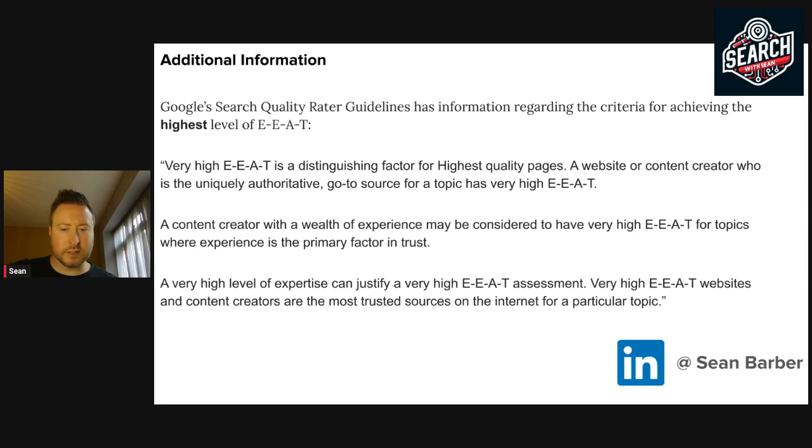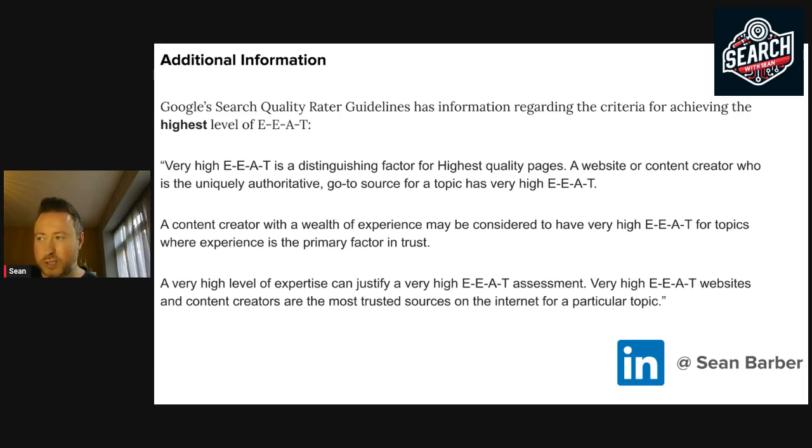So next, just finishing off here is really from the guidelines. Again, I'll put a link to them all, and they talk through all the different levels of EAT, but I've just picked out the highest and the lowest, so you've got some idea around this. It has information regarding criteria for achieving the highest level of EEAT. Very high EEAT is a distinguishing factor for highest quality pages.